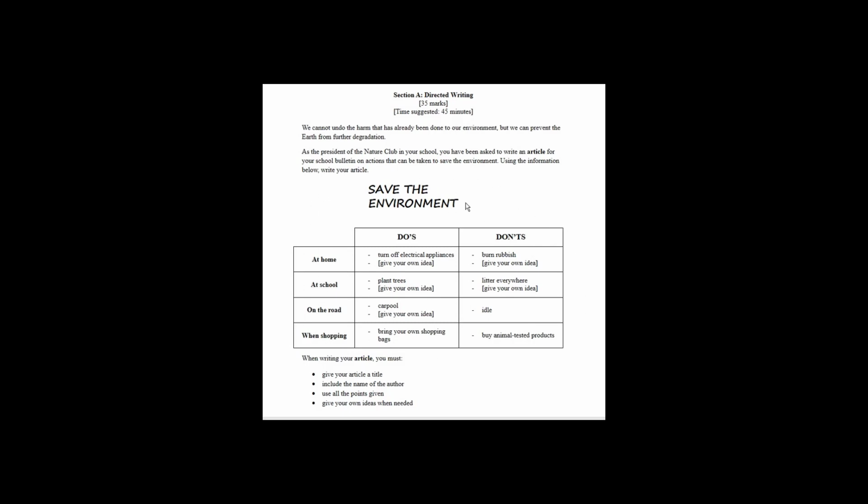Save the environment is the title, and here are the do's and don'ts. What are do's? Do's are what people are supposed to do, or what the students are supposed to do. Because you are president of the nature club in your school, you are giving advice to your students. So what are the do's? Do's means the things that you can do, and don'ts are the things that you should not do. Okay, so at home, if you look here, these are the places.